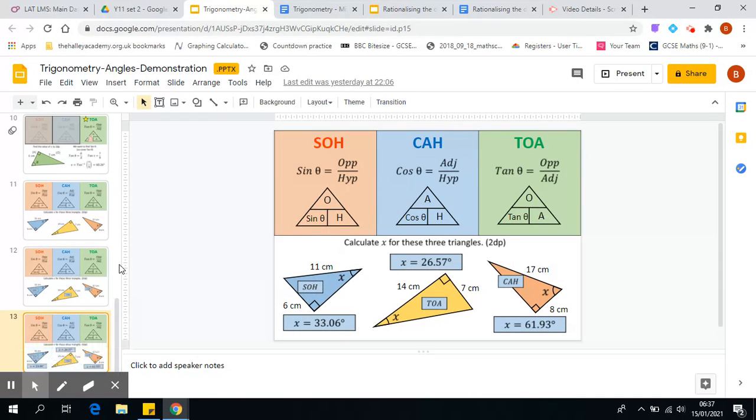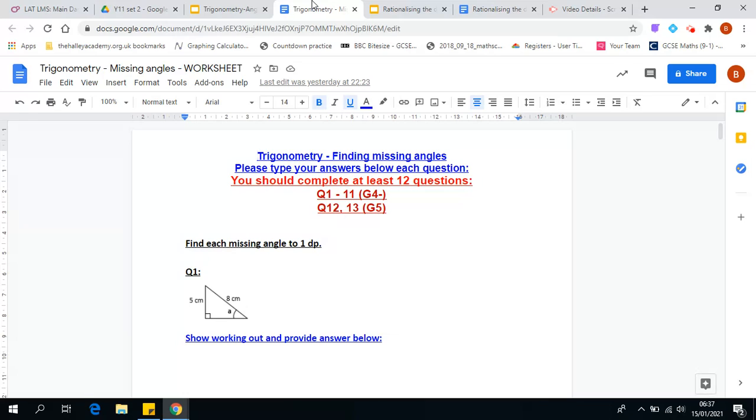Once you've completed the examples, you need to open the Trigonometry Missing Angles worksheet. You need to complete at least 12 questions. Questions 1 to 11 are grade 4 minus, and questions 12 and 13 are grade 5.